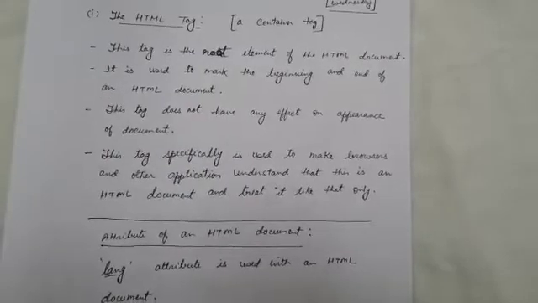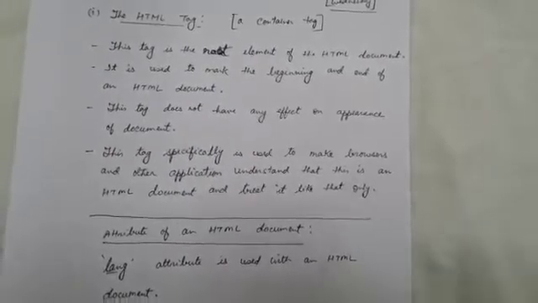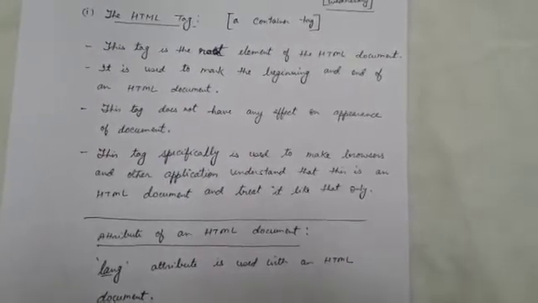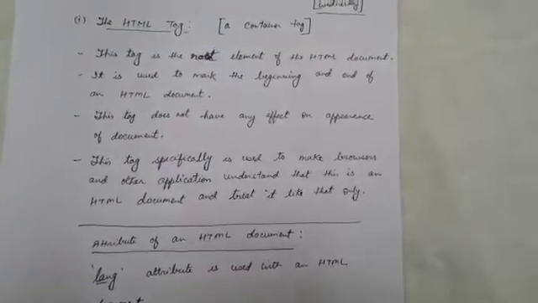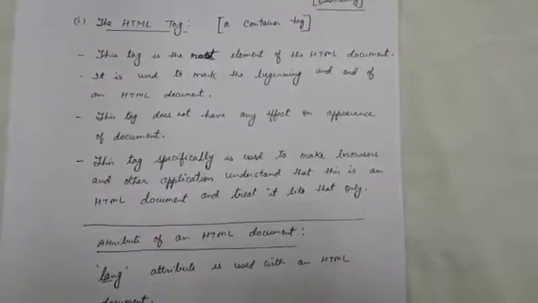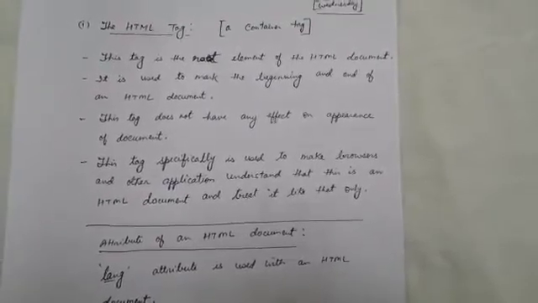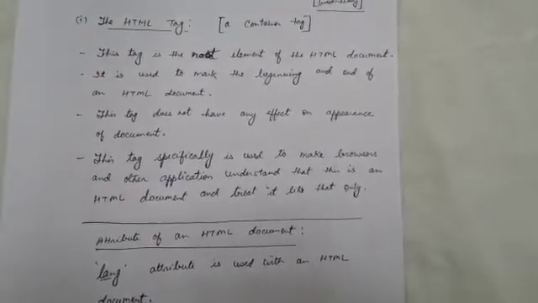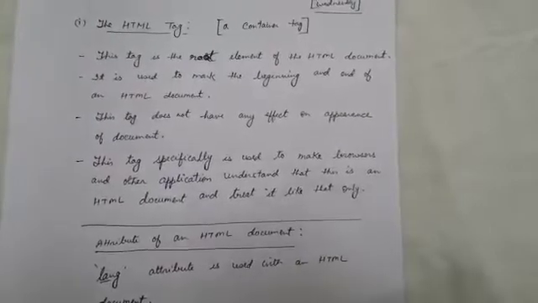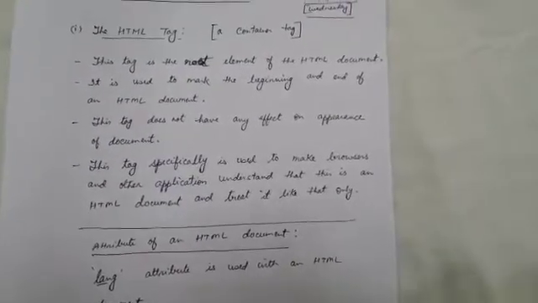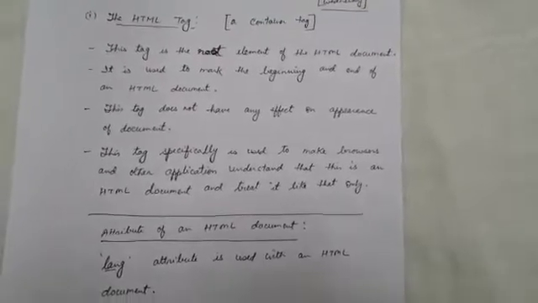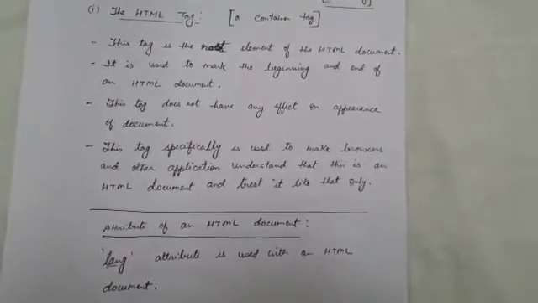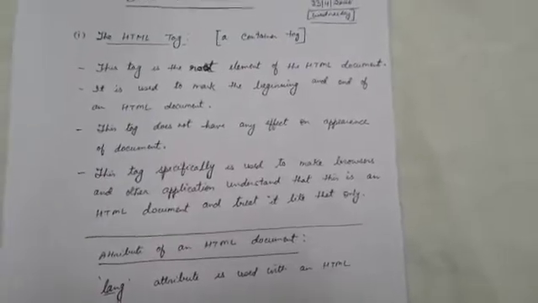That is why we write the HTML tag. It tells the browser, just understand us, we are HTML, so treat us like that only. This tag is specifically used to make browsers and other applications understand that this is an HTML document and treat it like that. So whatever code is written there, just render all those codes and show the result.